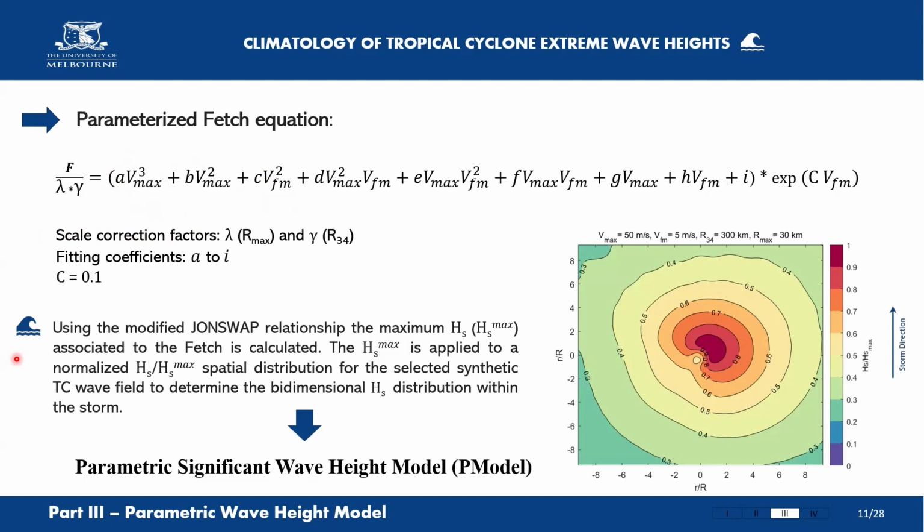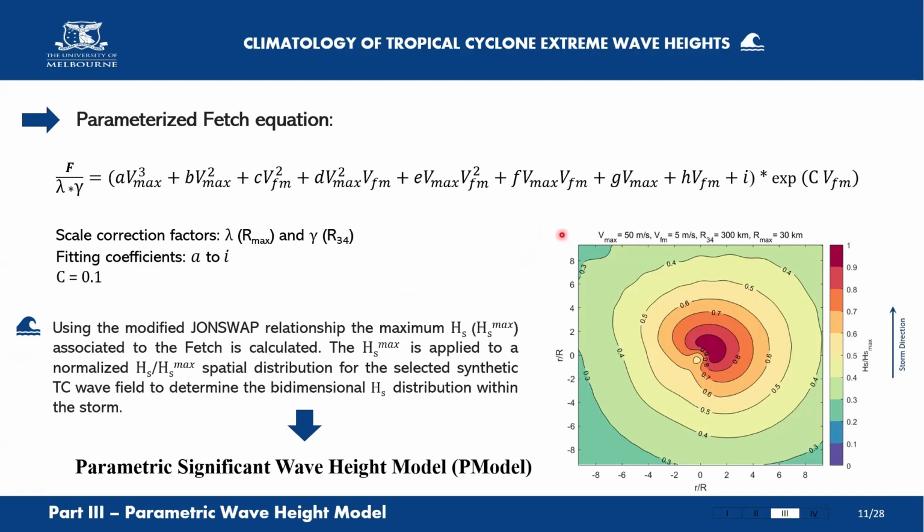This maximum HGS is applied to a normalized HGS by maximum HGS spatial distribution for the selected synthetic tropical cyclone wave field to determine the bidimensional HGS distribution within the storm. And then we have our parametric significant wave height model ready.